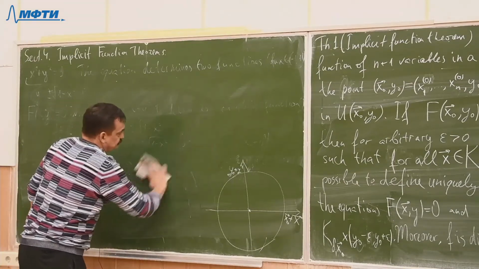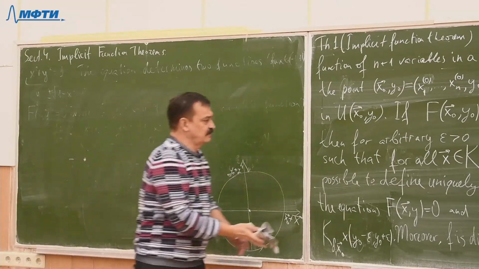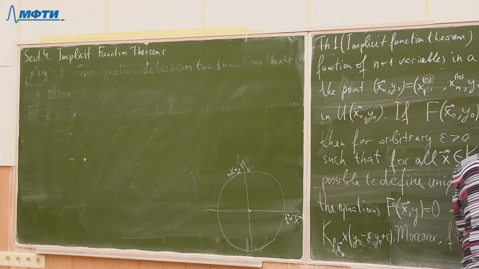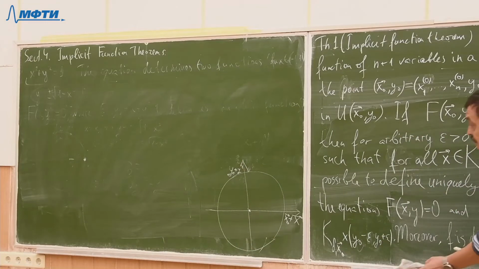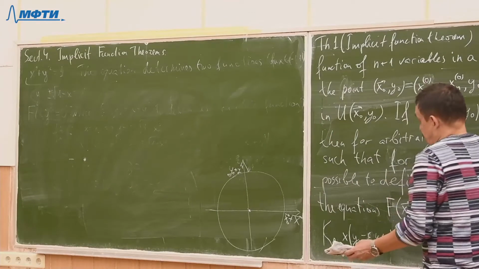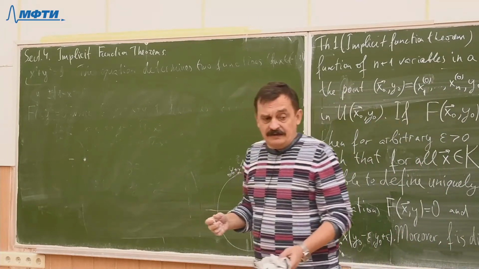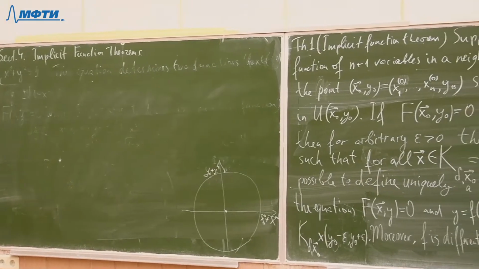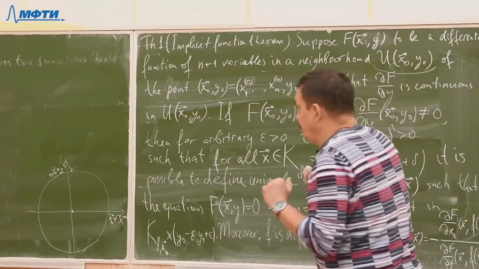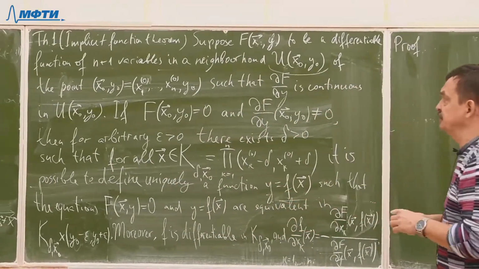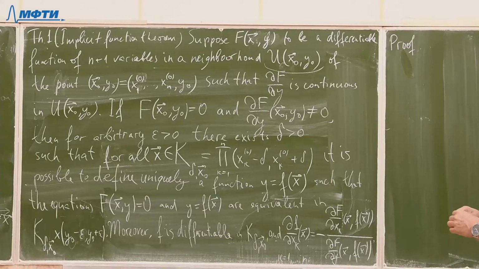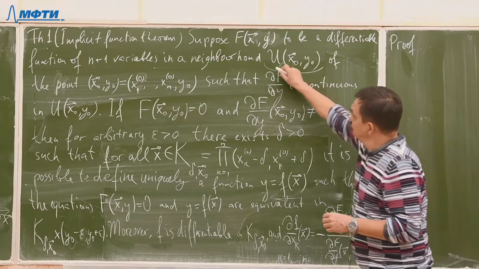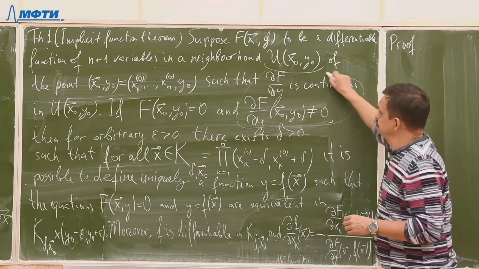Now, I said that firstly we imagine that this is our original neighborhood, and then I'll start to diminish it. The first reason to do it is to compare those two conditions.